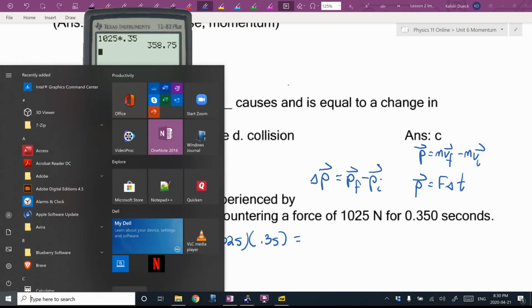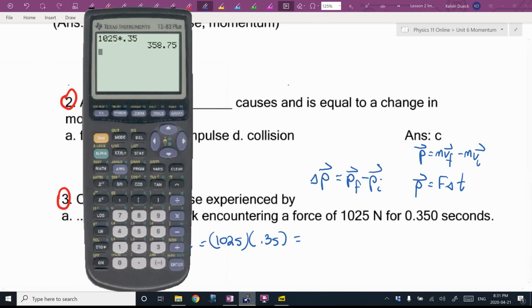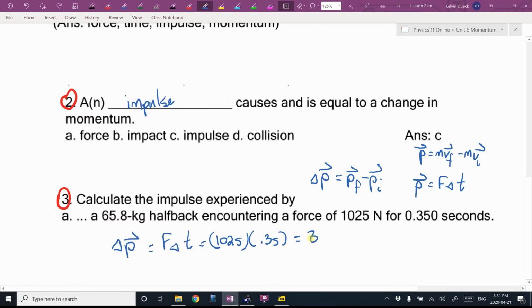I have no idea what the answer is. What was that, Mr. Dueck? 358.7, 359, probably 360, but I'll go 359. And since impulse is a change in momentum, its units are the same as momentum, kilogram meters per second. However, here, since I went force times time, I would probably write the units as Newton seconds.